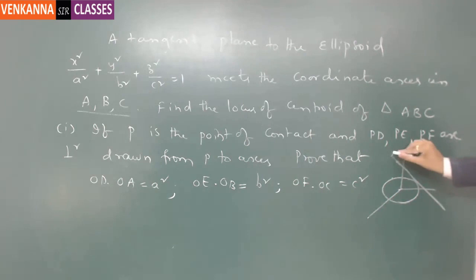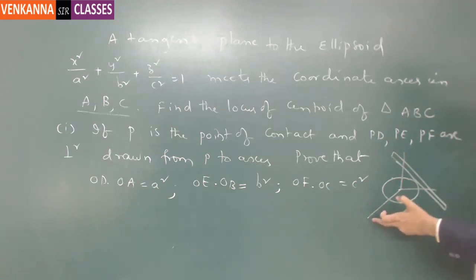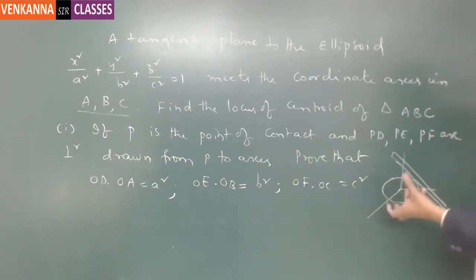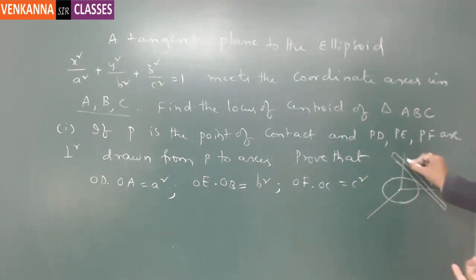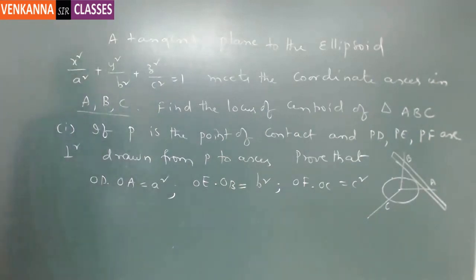So this tangent plane is cutting the x-axis, y-axis and z-axis also. Since it is not possible to draw completely on the blackboard, it is 2D, so imagine that it is 3D. The plane is cutting the x-axis, y-axis and z-axis. So this is the point A, this is the point B, this is the point C. There you will get a triangle.